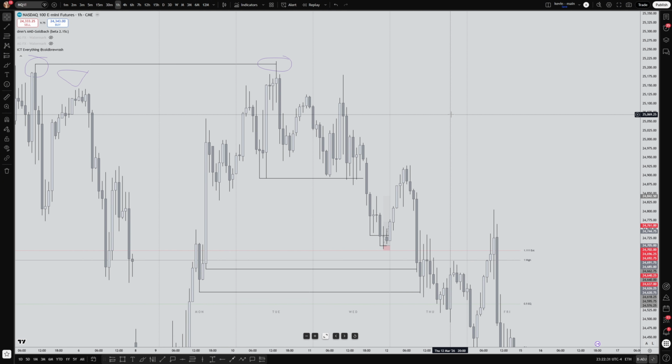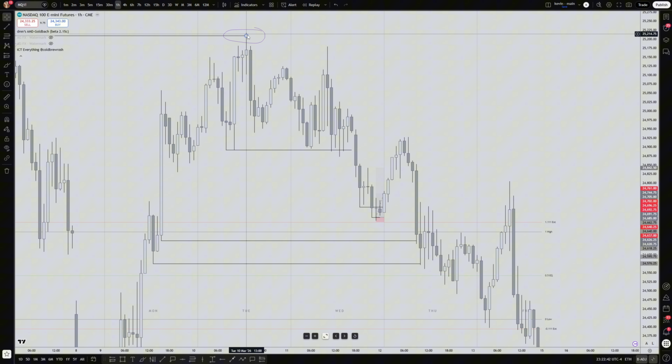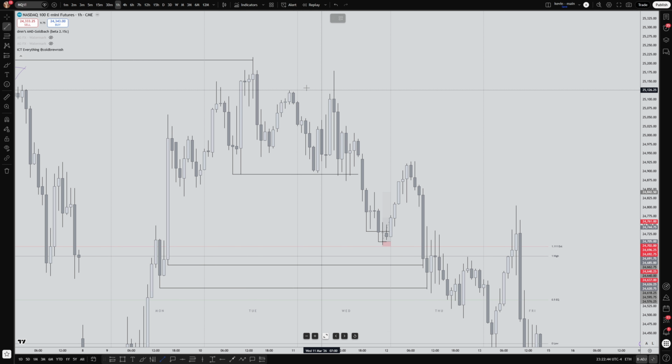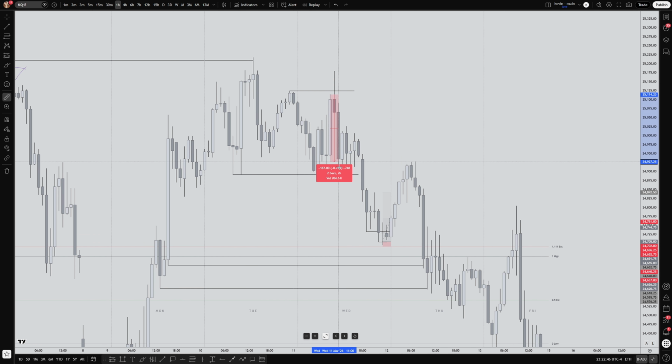But before this dumped, pretty much when this candle closes, I know that this is high of week 100%. But when this happened here and we dumped, I was 85% short. So, I'm bearish. What is my weekly draw on liquidity?